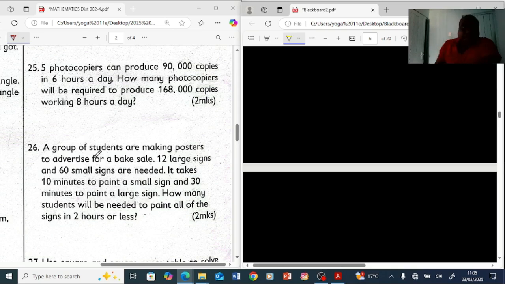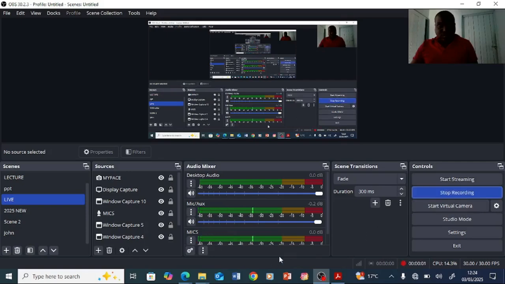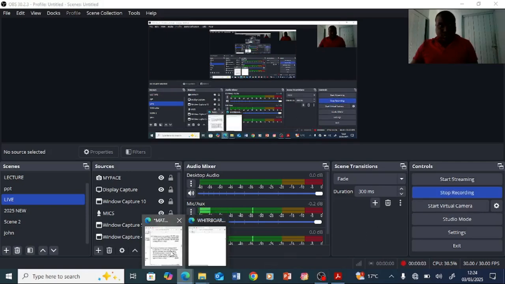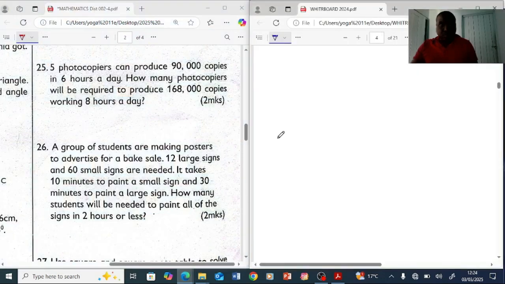Five photocopiers can produce 90,000 copies in 6 hours.